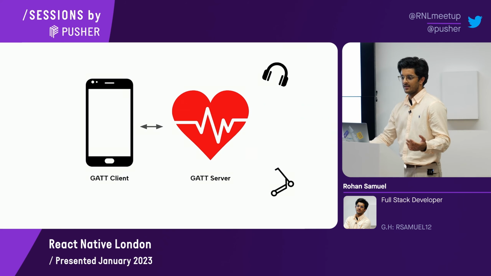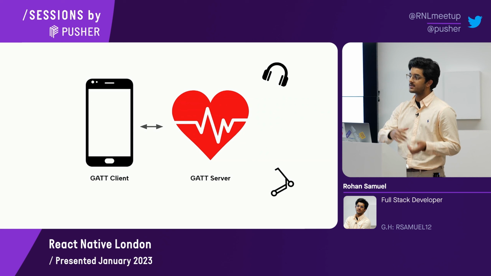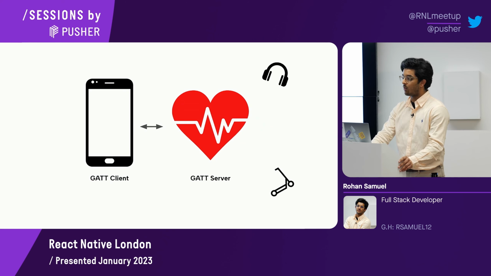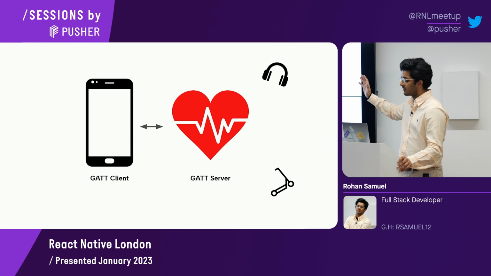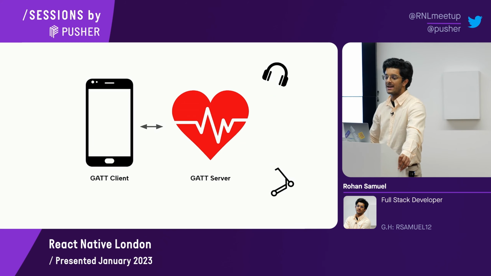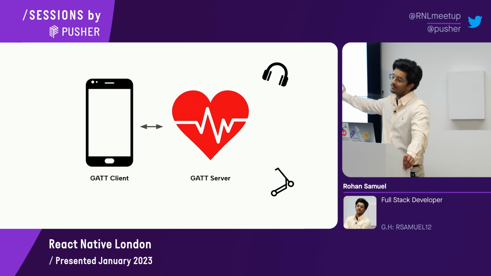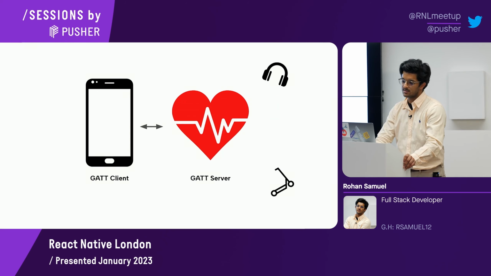Then once it scans, we pick one of the devices to connect to. Once connection occurs, it needs to see all the services and the values that are available. And then based on the service, the smartphone app needs to be able to perform actions such as reading, writing, and subscribing to notifications, as allowed by the characteristics.